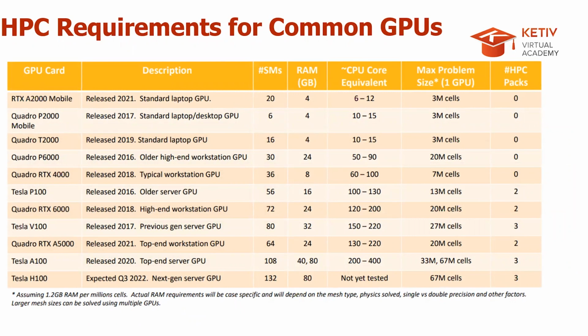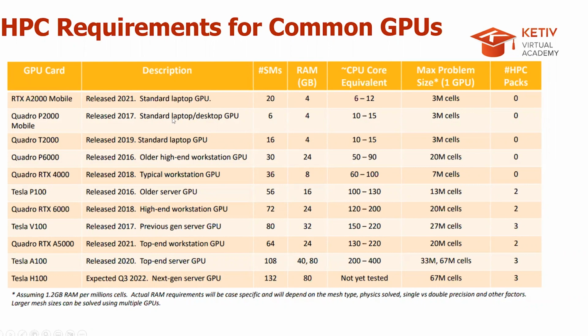Okay, so if we are talking about the kind of GPU that you may have or that you may want to invest in, you would want to look at the type of problem that you're trying to solve. This table highlights some common GPUs that are available in the commercial space today. These range from being installed on standard laptops to high-end workstations or next-gen server GPUs.